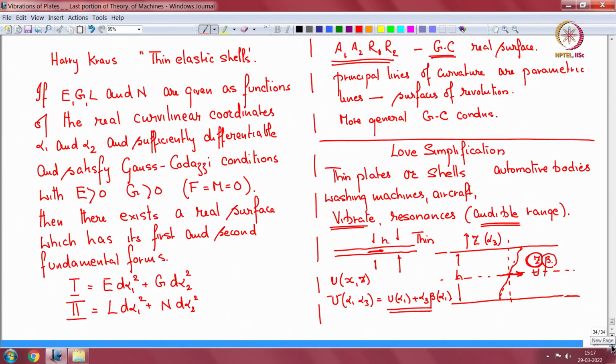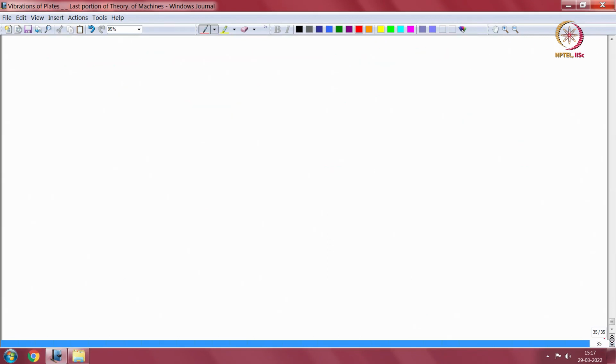So what now happens in Love assumption is that the big U1 of alpha 1, alpha 2, alpha 3 is going to be small u1 of alpha 1, alpha 2 plus alpha 3 beta 1 of alpha 1, alpha 2.